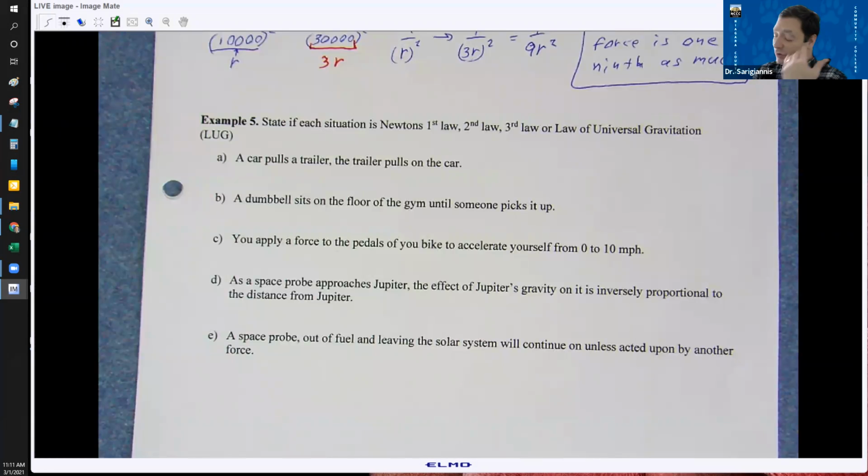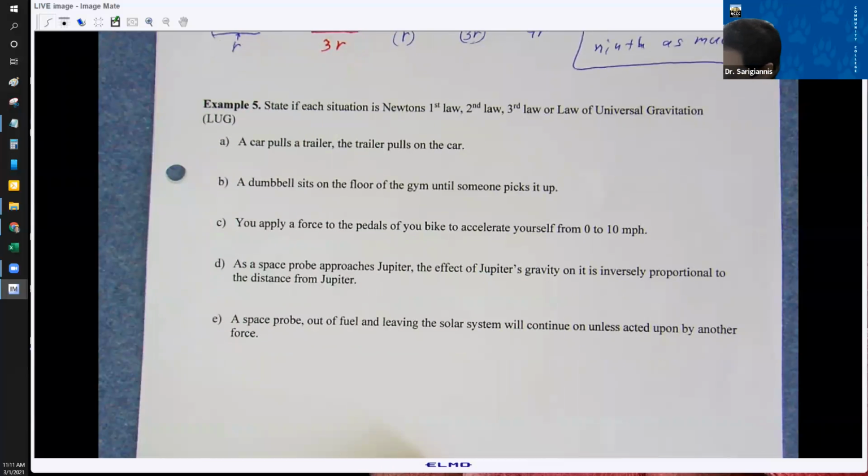And then the law of universal gravitation is basically a force proportional to the mass of the two objects divided by the distance squared between them. I didn't write the formula there. We'll be fine.